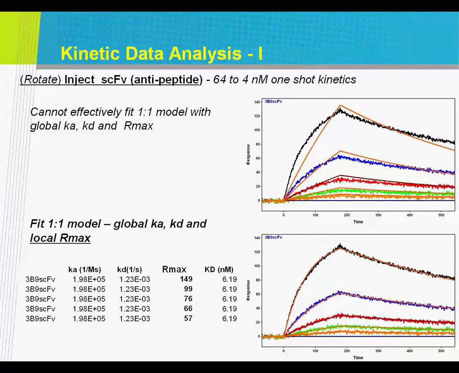There's one other way to deal with this, to confirm that this is acceptable. Rather than doing a single one-shot injection, you do 6 of them. You address each of these spots from A1 to A6 separately. In the first injection, you've got your 64 nanomolar, 32 nanomolar concentration like this, and so on.